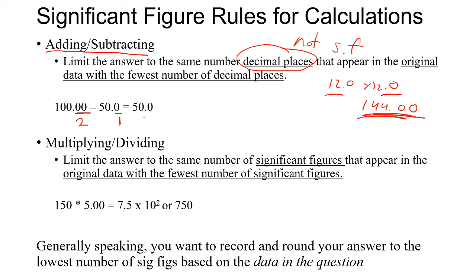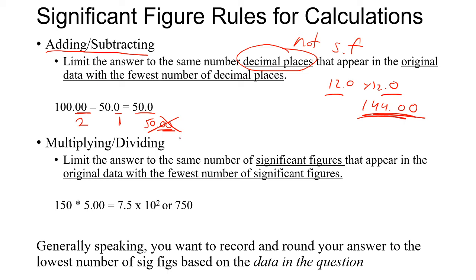So the answer is 50.0, not 50.00. Okay, we don't want 50.00. This is not good. We don't want this. Too many there. We have 1 decimal place there. We're going to have 1 at the end. So that's another thing. Adding is the same type of thing. If I were to add these two together, it would be 150.0, not 150.00.